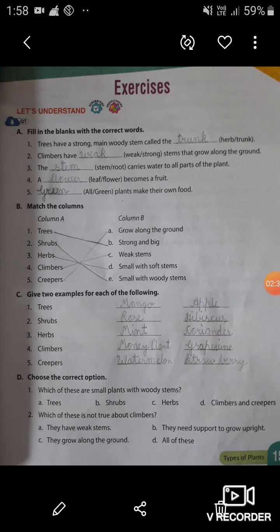The second topic of this chapter was parts of a plant. So students, you know very well a plant has many different parts like flower, seed, leaf, fruit, stem, and root. In this chapter you have also learned about the function of the parts of a plant.